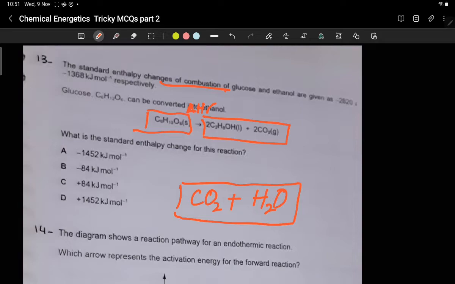Enthalpy change of combustion of glucose is minus 2820, and of ethanol is 2 into minus 1368 kilojoule.